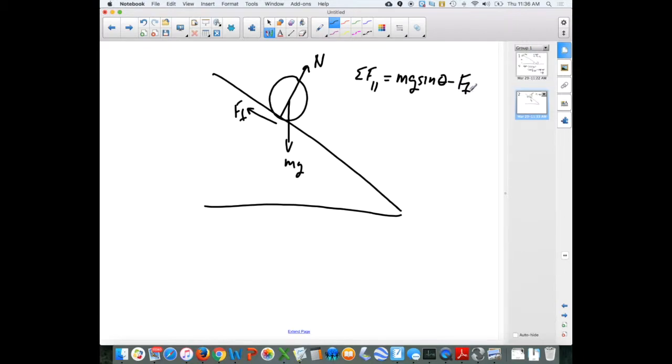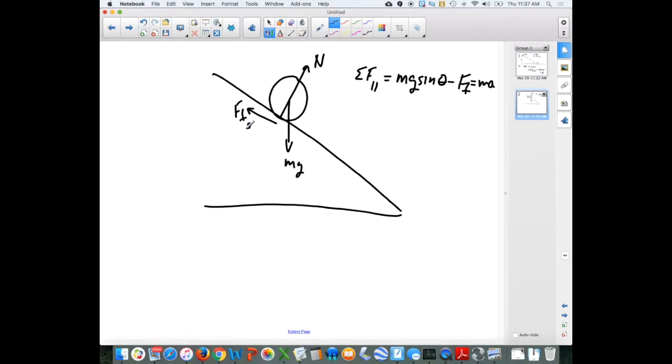and that will equal ma. I also need to determine what the friction is. So, is this kinetic or static friction? Static friction, right?